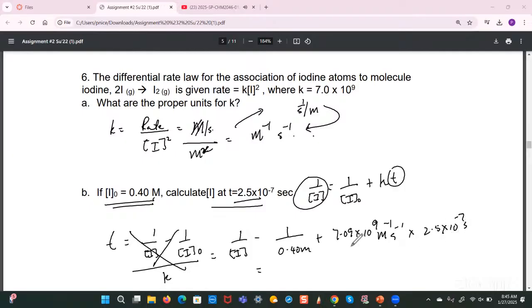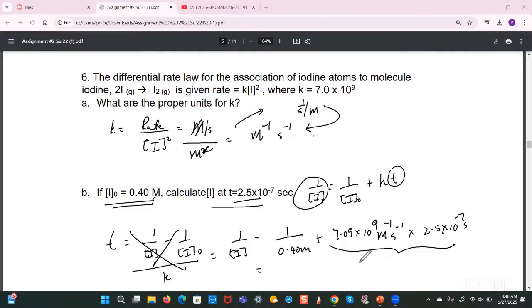So let's work out this part first. 7.09 times 10 to the 9 times 2.5 times 10 to the minus, oh, minus 7, I made a mistake. Okay, do this again. 7.09 times 10 to the 9 times 2.5 times 10 to the minus 7.